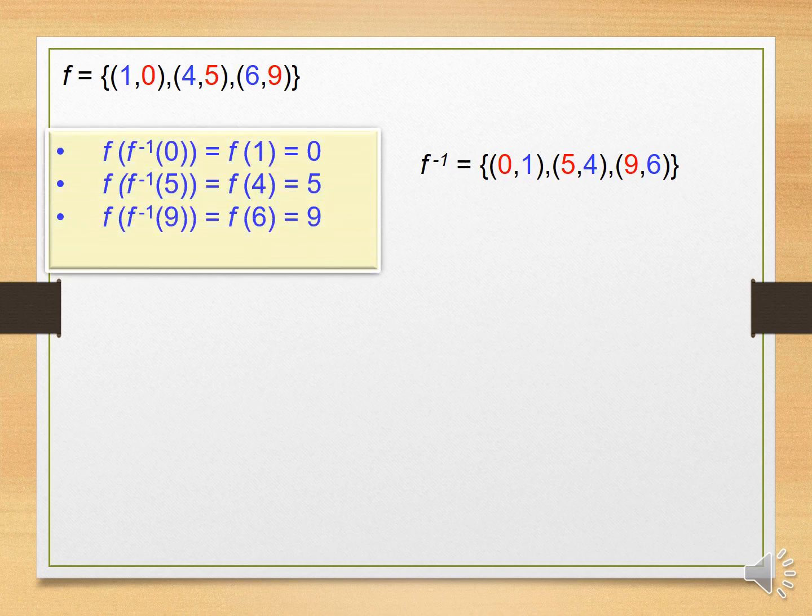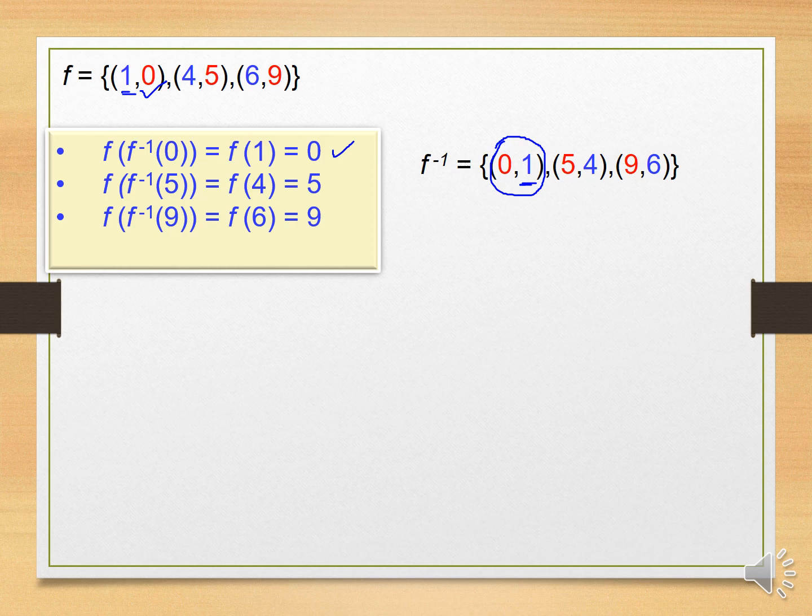If we do the composite function f inverse, for the first domain of f inverse, 0, which is this set of coordinates, f inverse of 0 is equal to 1 and f(1) is equal to 0.